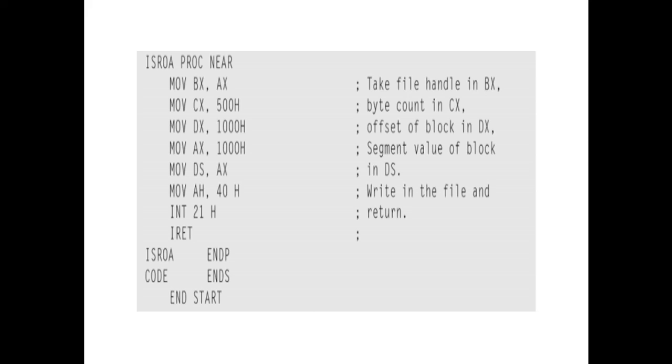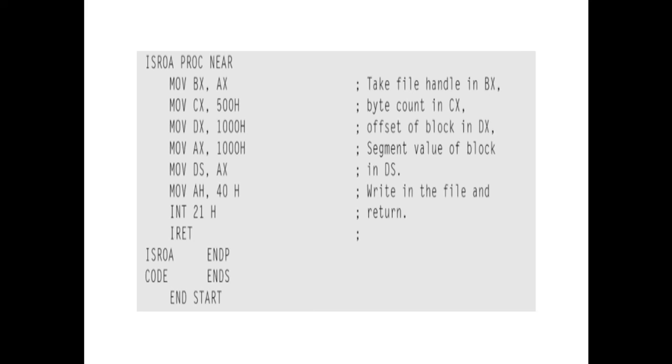Then MOV DX, 100H, which is already specified in the question: the code segment is 100H with the offset value 100H, moved to AX. So the offset of the block is in DX and the segment value of the block is in DS, that is AX is moved to DS.